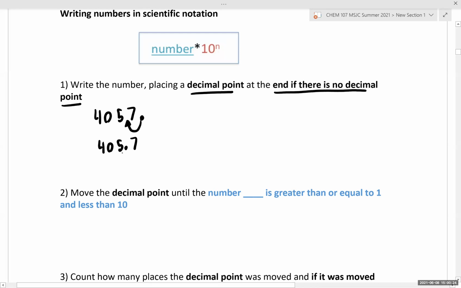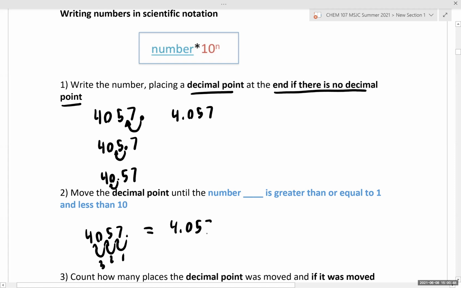No, so we have to move our decimal point once more. That gives us 40.57. We're still not between 1 and 10, so one more gives us 4.057. So we took 4,057 and moved our decimal point over 3 spaces to give us 4.057.